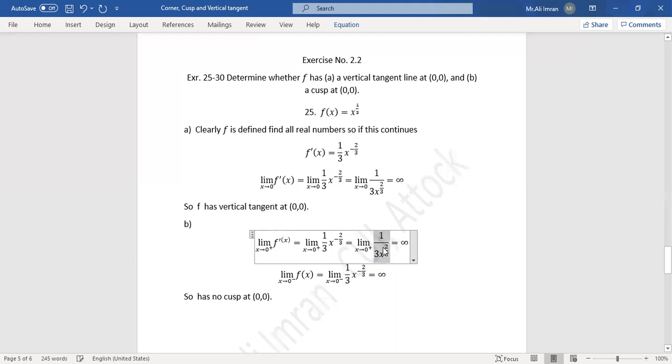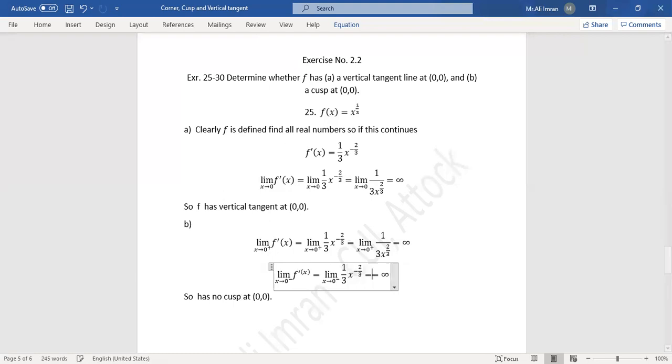On the other hand, now we find the left hand limit of f'(x), that is, f'(x) as x approaches 0 from the left hand side. We can simplify this as well.